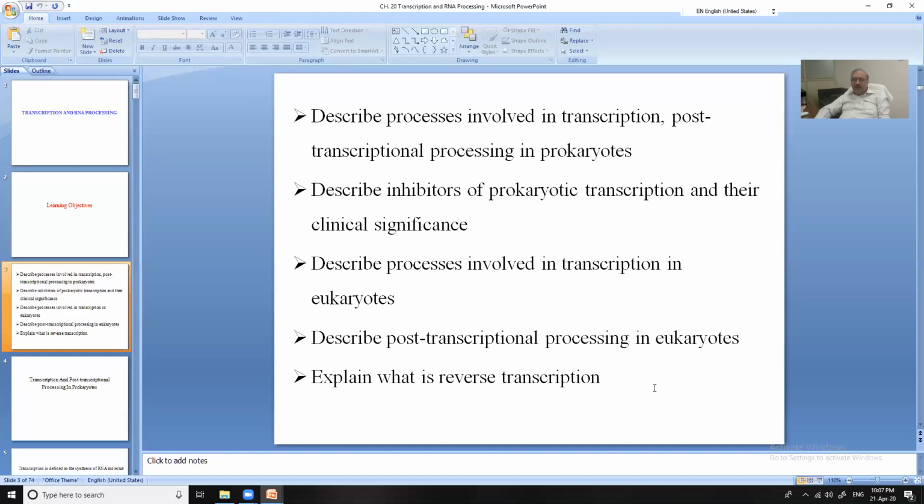Reverse transcription, you also know from the central dogma of genetic engineering. Sometimes from the RNA, the DNA is synthesized, that is known as the reverse transcription. So separately, I will be telling you about the reverse transcription. In this lecture, I will be giving you the transcription.